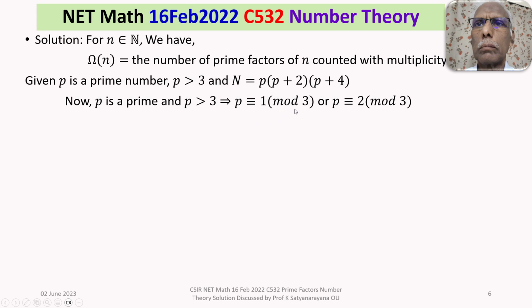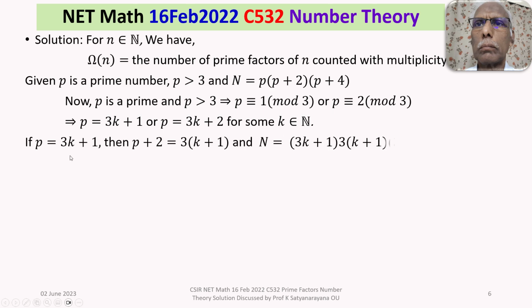P is congruent to 1 mod 3 will imply p is equal to 3k plus 1. P is congruent to 2 mod 3 will imply p is equal to 3k plus 2 for some natural number k. If p is equal to 3k plus 1, then p plus 2 will be 3k plus 1 plus 2, that is 3k plus 3, that is 3 times k plus 1.